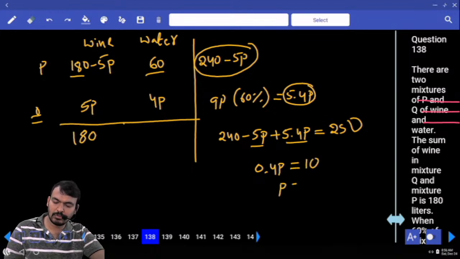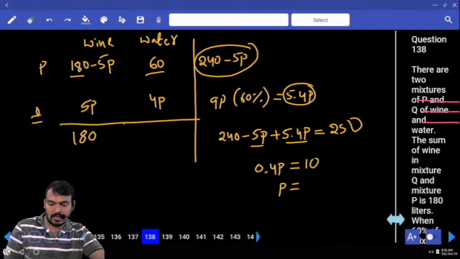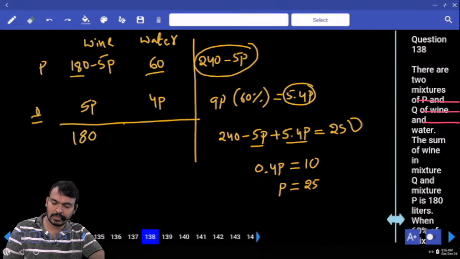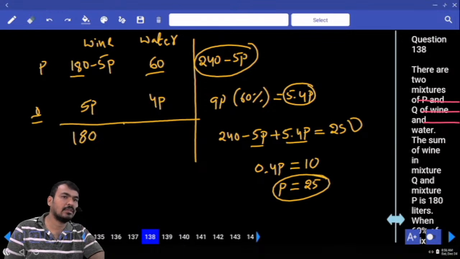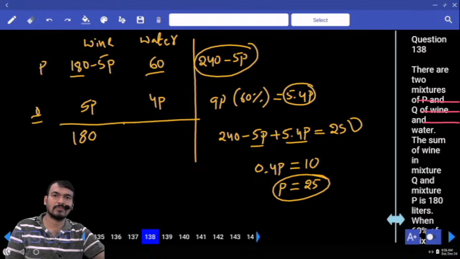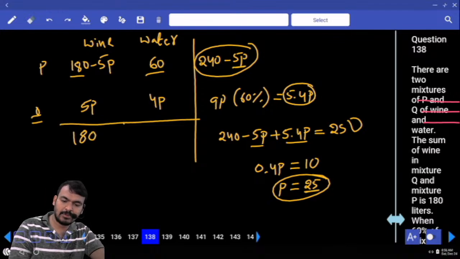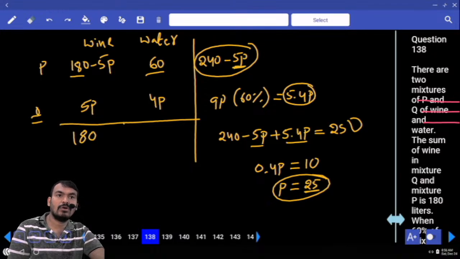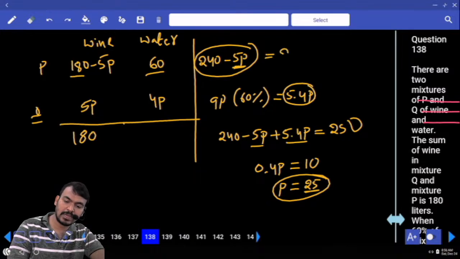Then what is the P value? 100 by 400, means P is 25. Actually 4 by 10 means 100 by 400. P value is 25. Then 5 into 25 is 125. Out of 125, 240 minus 125.